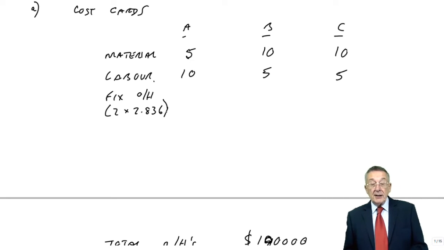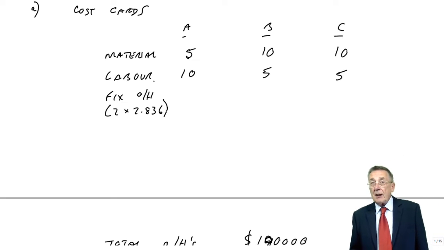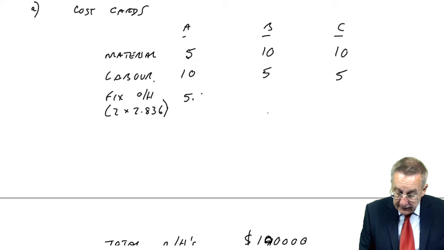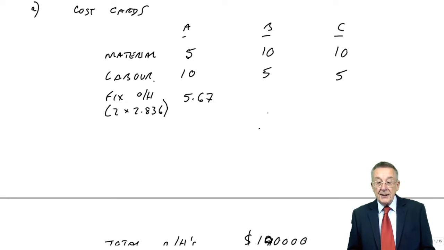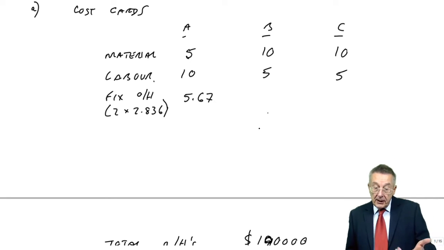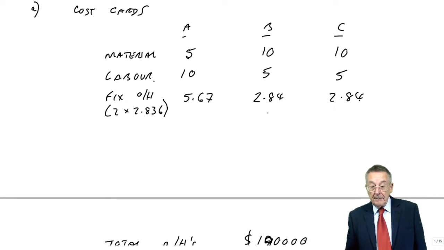Now at this stage, in fact, I'm going to keep everything to the nearest cent, which is what's likely to be the case in the exam. To the nearest cent, I get $5.67 per unit. Products B and C, it's 1 hour of labour, so 2.836, it's 2.84, again to the nearest cent.